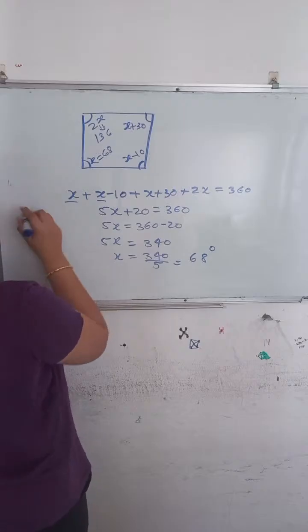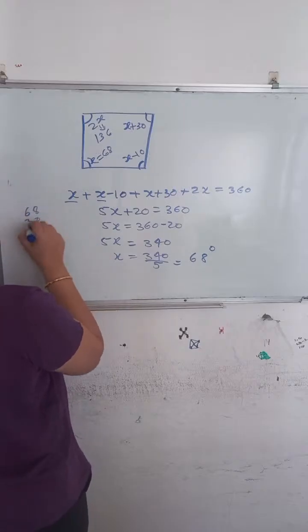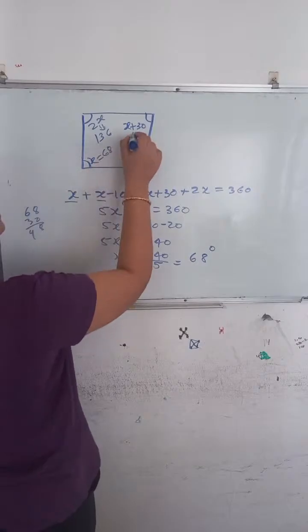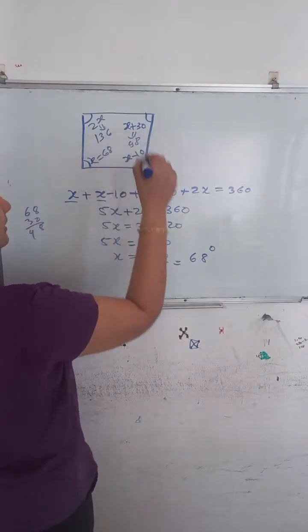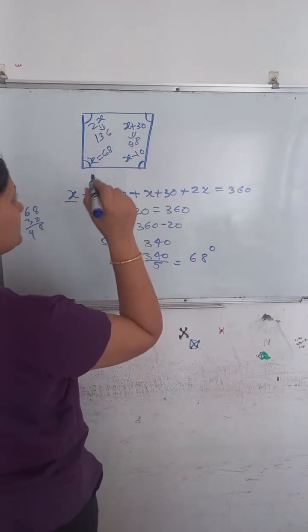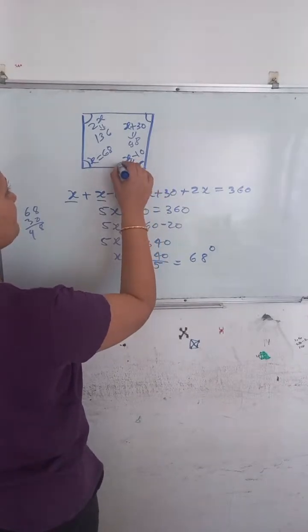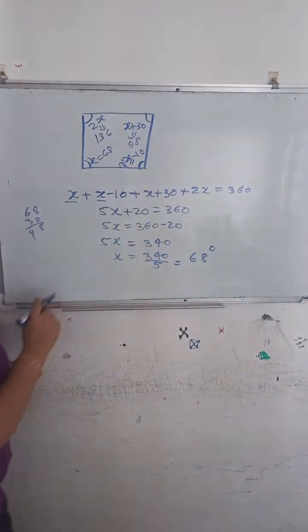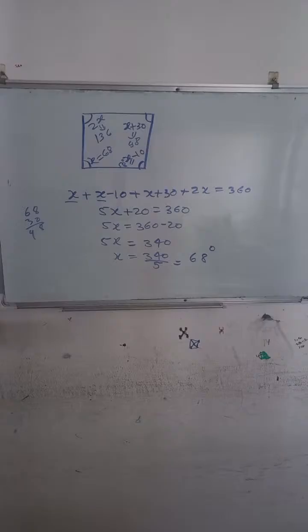Okay. Now 68 plus 30 is 98. And 68 minus 10 is nothing but 58 degrees. Okay. So these are the angles we have to calculate. This kind of questions also come for 3 marks. Okay, copy this.